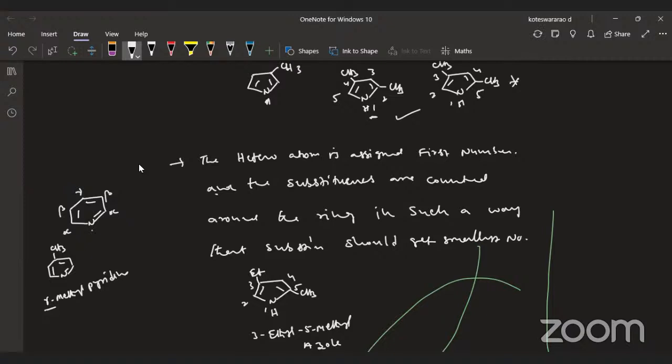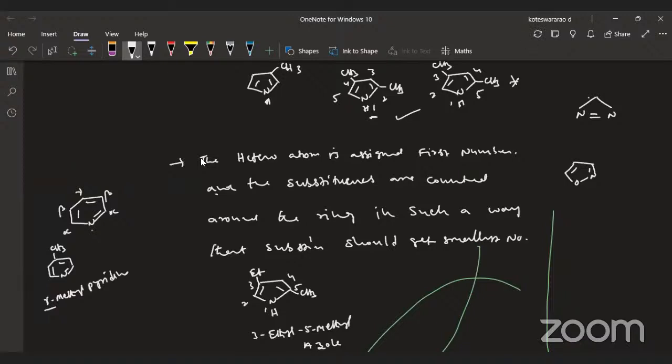Next one. In some cases, the heterocyclic compound contains more than one heteroatom. Different or same heteroatoms may be present. For example, a 5-membered ring with oxygen and nitrogen, or two nitrogens, or in some cases sulfur may also be there.